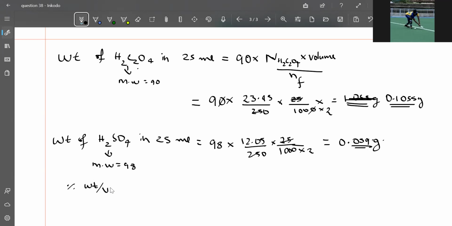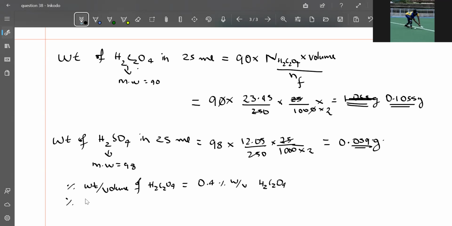If you find the percentage weight by volume of H2C2O4, it will be 0.1055 divided by 25, multiplied by 100. So you'll get 0.4 percentage weight by volume of H2C2O4.